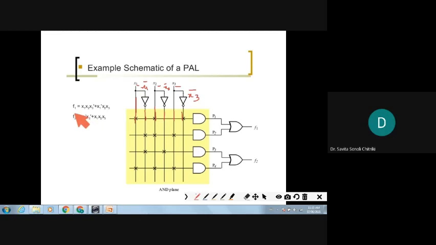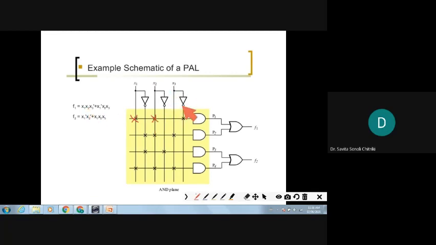Then you see I have a function here. What is the function? X1, X2, X3'. This is the digital logic I need to implement now. This is the X1 line, then next X2, so this is X2, then next you see X3'.